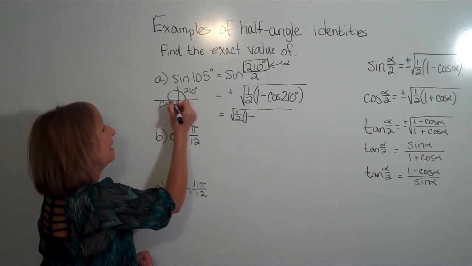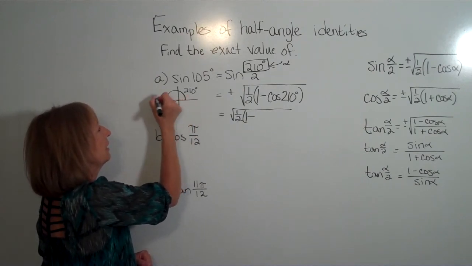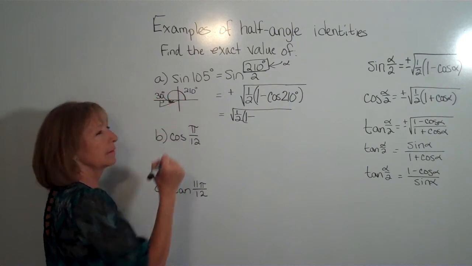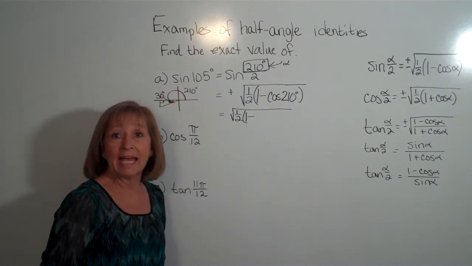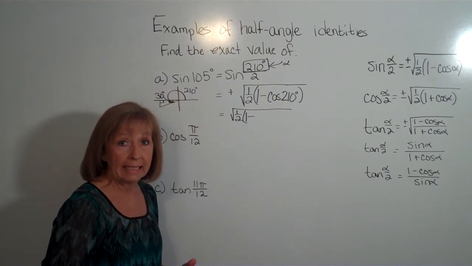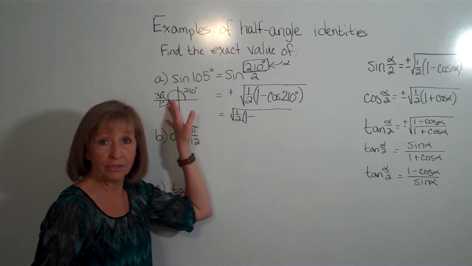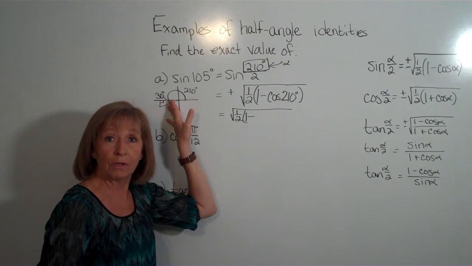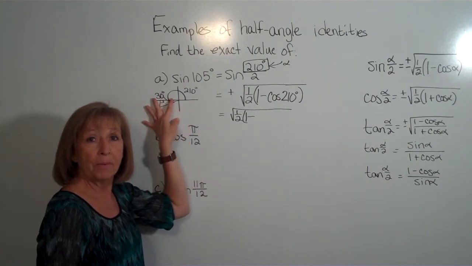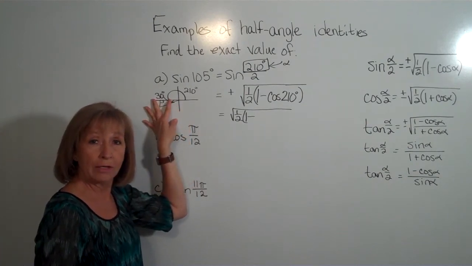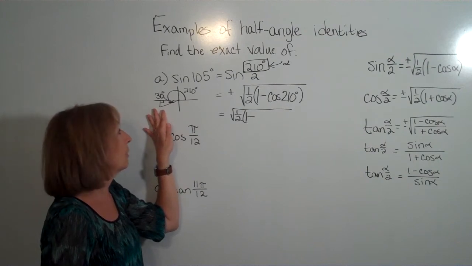The reference angle is 30 degrees. 210 is 30 degrees beyond 180. The cosine of 30 degrees is the square root of 3/2, but in the third quadrant it would be a negative square root of 3/2.